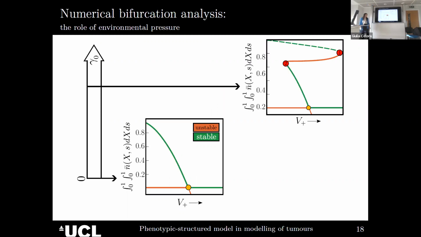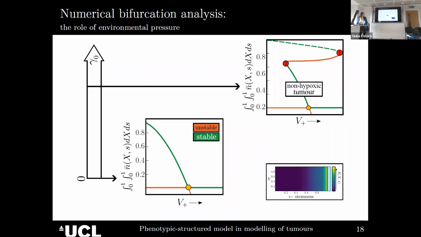If we increase gamma naught, something interesting happens. We get our transcritical bifurcation at the same point as before, because we know the linear stability analysis doesn't depend on space. But now we have some new branches that are determined by the appearance of 2 saddle nodes, bifurcation points in red. So we again have our non-hypoxic tumor, which is spatially homogeneous and phenotypically heterogeneous.